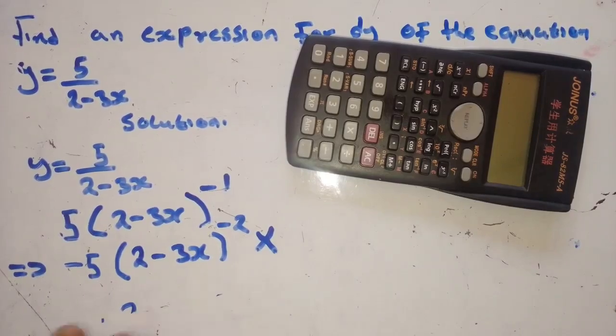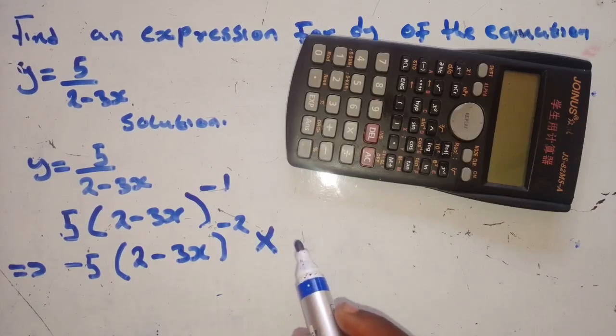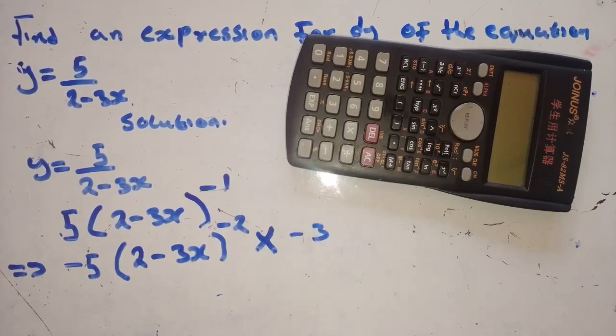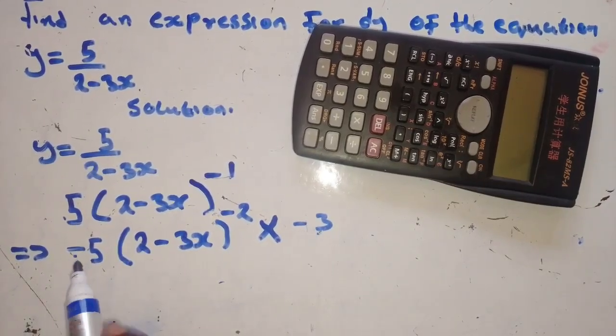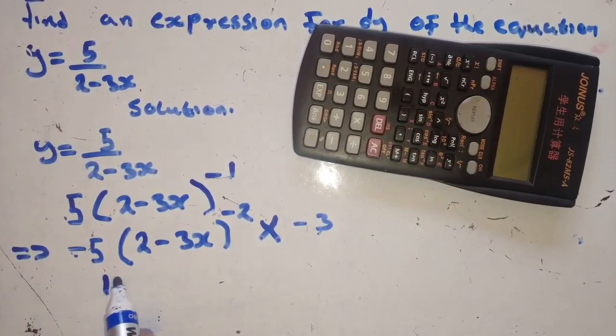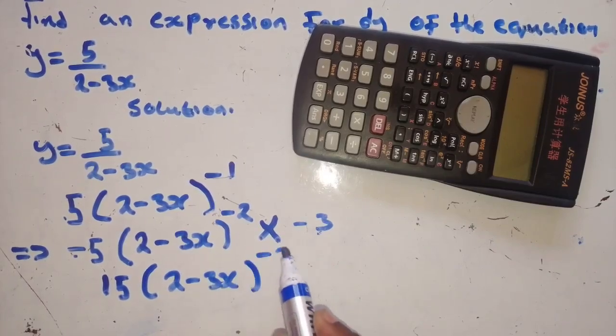I believe we know how to differentiate this. Then we just multiply this by this. Negative multiplied by negative gives you positive. So we have negative 3 multiplied by negative 5, which gives you a positive 15, multiplied by (2 minus 3x) to the power negative 2.